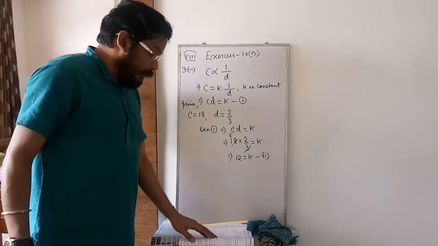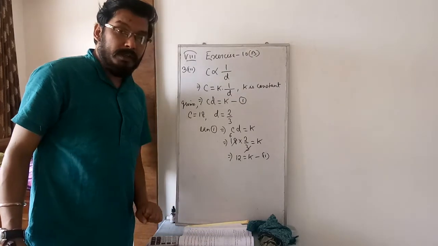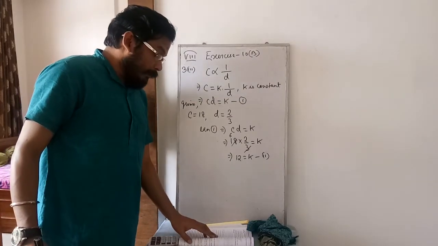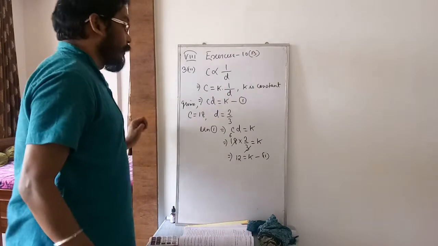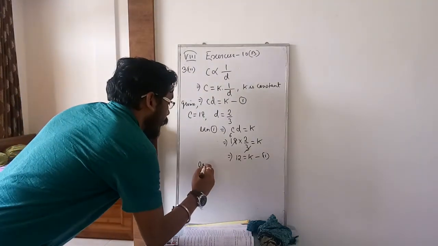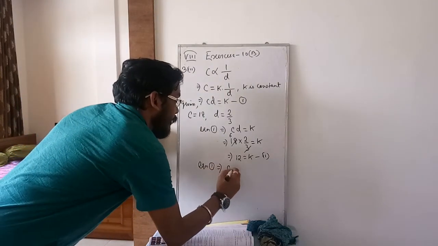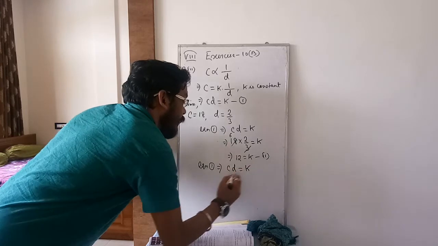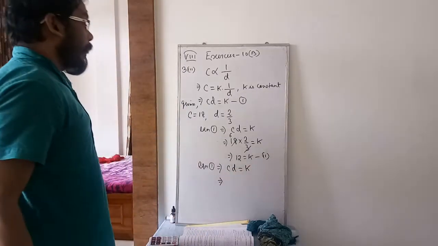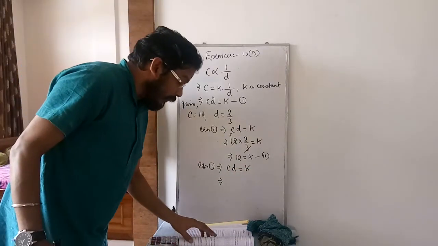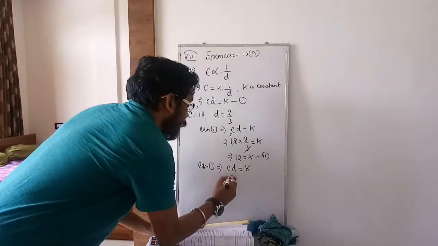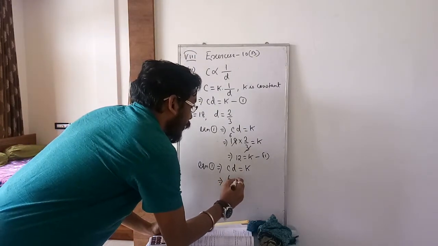Next, what you have to find out? You have to find out D, and C value given how much? 6 by 7. You have to find out D, C value is given. So equation 1 implies CD equal to K. What you have to find out?